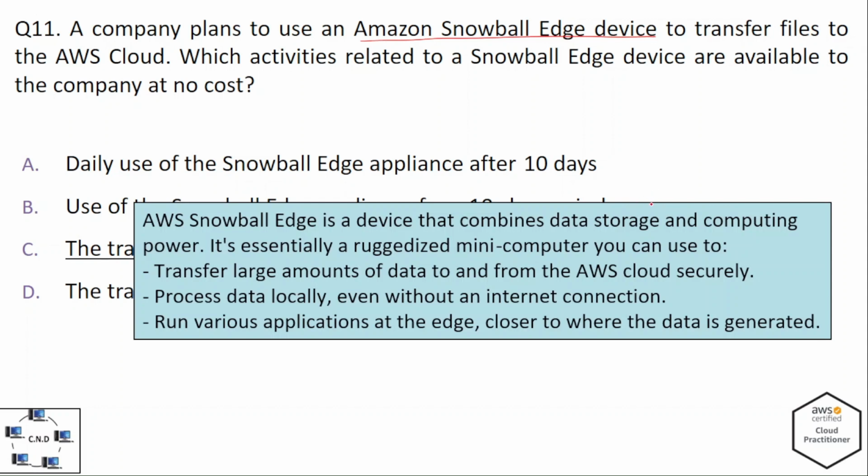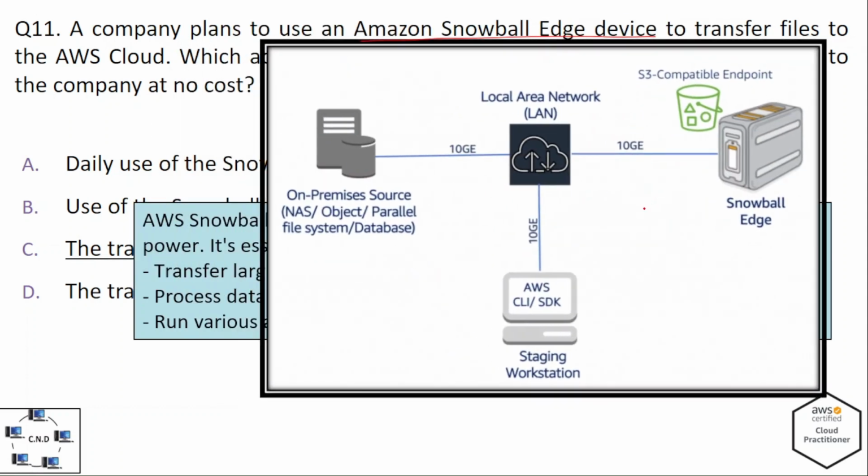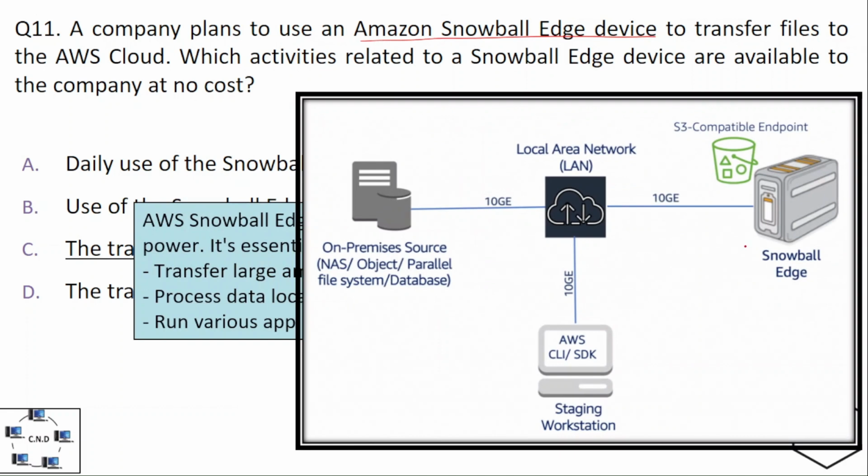Let me show a visual diagram of the Snowball Edge device. So here you can see that this is your on-premises storage. This is, let's suppose, your staging workstation, and this is the Snowball Edge device, and these are all connected through a fast local area network, LAN, and these are all on premises.